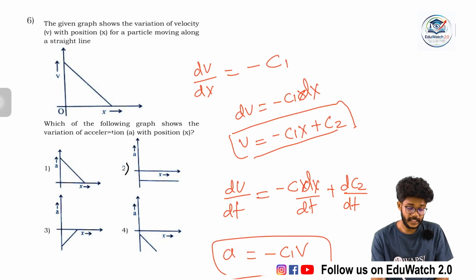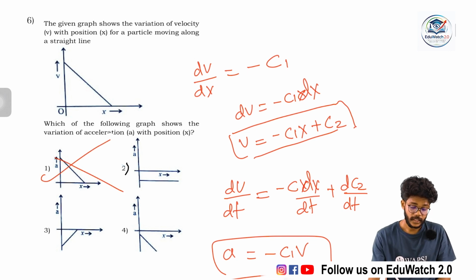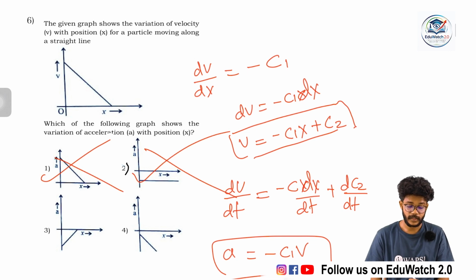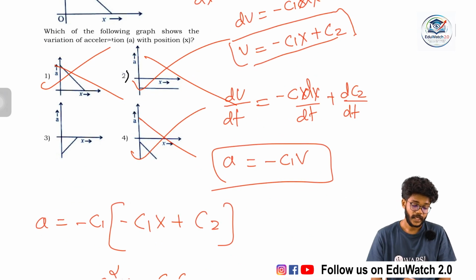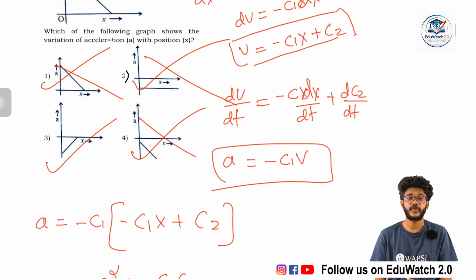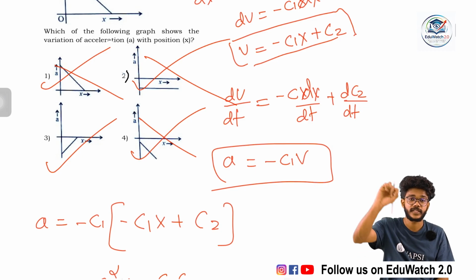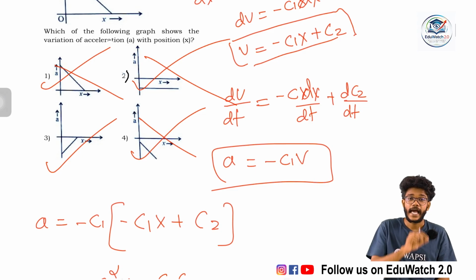Where the slope is negative, it must be wrong. Here the slope is 0, so it must be wrong. Here only the slope is positive. The third option, option C, is the only correct option because in that graph the slope is positive. That means when x increases, acceleration is increasing.